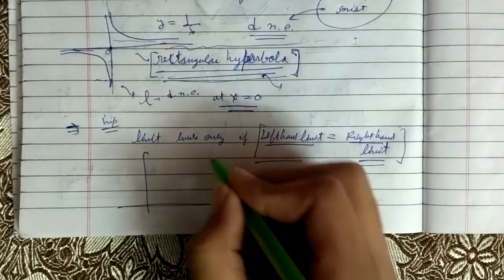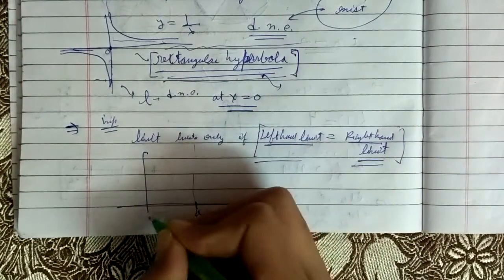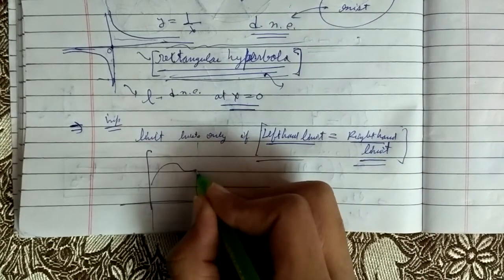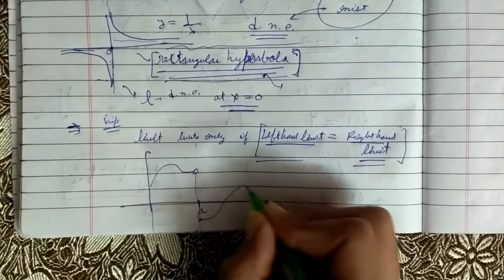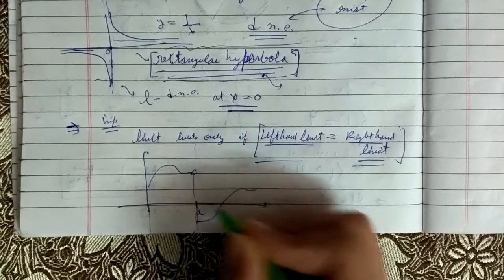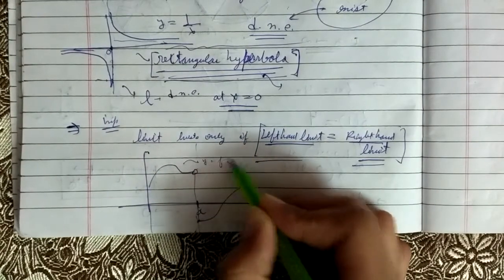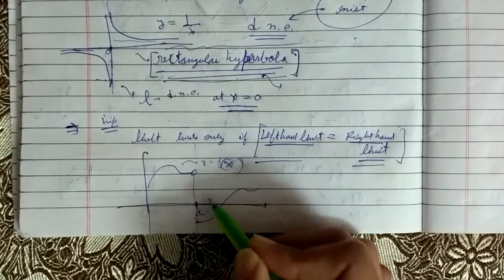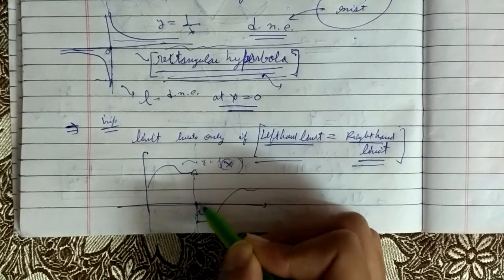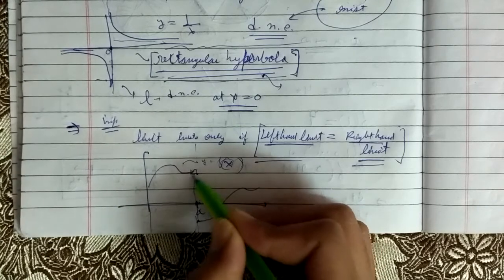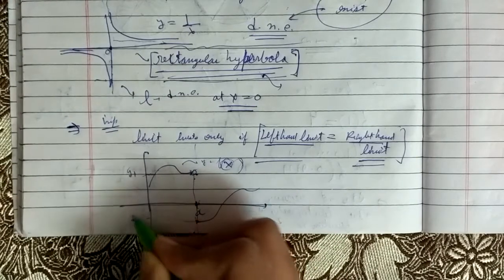Telling in brief, for example, at x equal to a, let the function be like this, and there is a discontinuity here, and the function is like this. So the limiting value, that is the value of the function y equal to f of x in the neighborhood of x equal to a, the left hand limit would be the value of the function just before x equal to a, that is something, let's say y1, and here let's say y2.